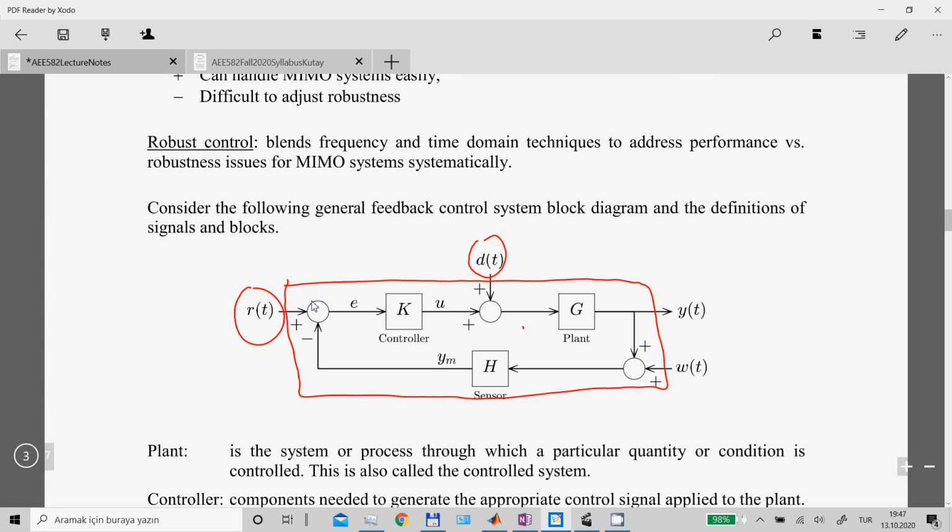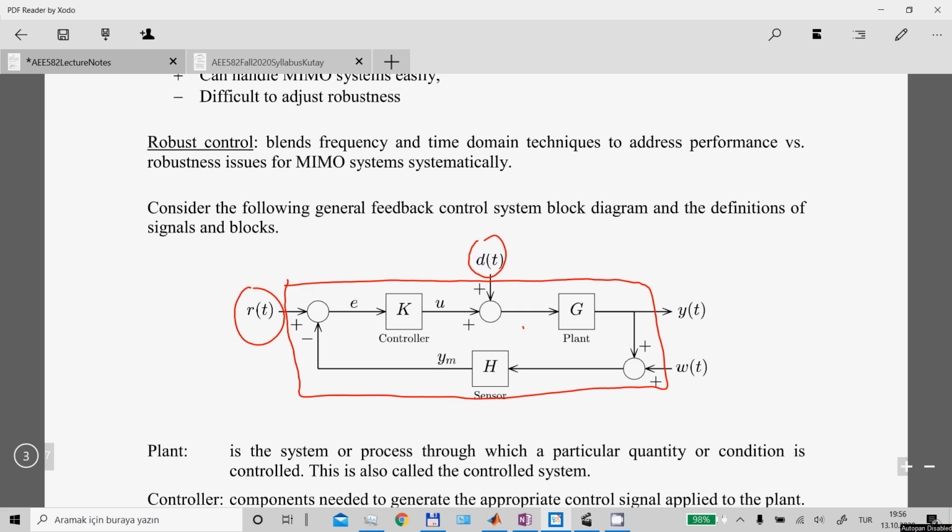Okay, so once you have such an interconnected system, it is really important that you should be able to handle these interconnections easily. So let me show you what I mean by handling the interconnections. This is our block diagram with several inputs, and right now we have one input, but you can define additional inputs, outputs for this block diagram.